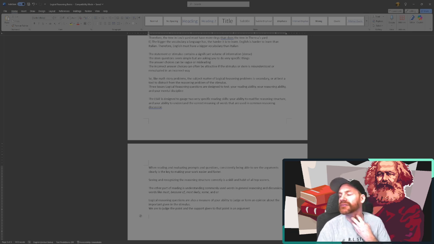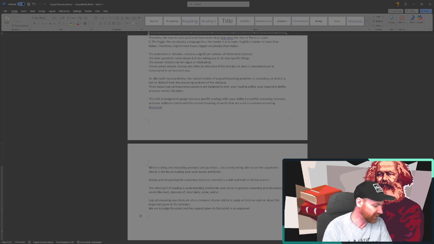And before we go on to the next page, there's a side note here, or two side notes actually. An argument consists of a point and reasons given to support that point. When we are asked to critically evaluate reasoning in an argument, our job will always be to see why reasons don't justify a point.